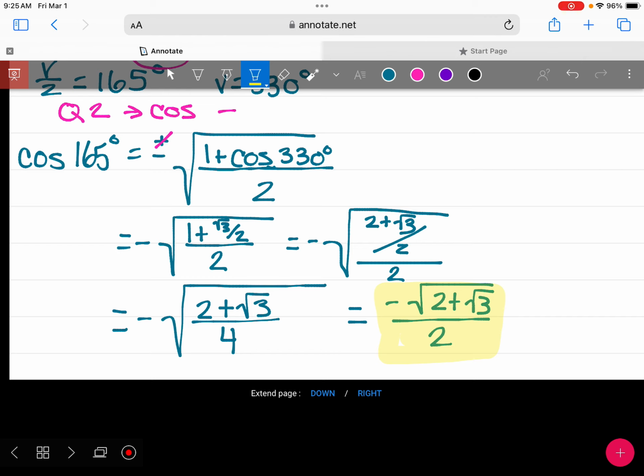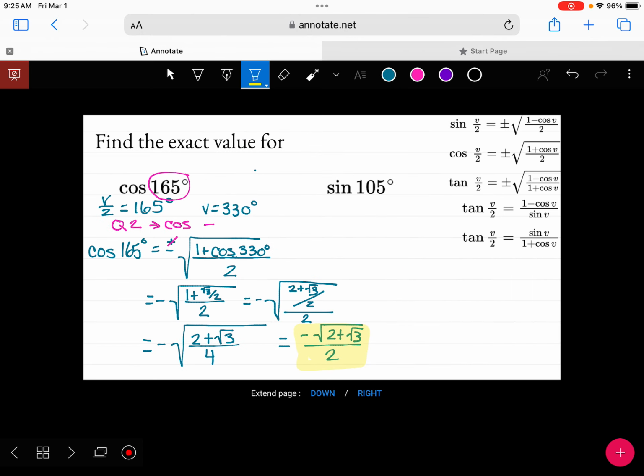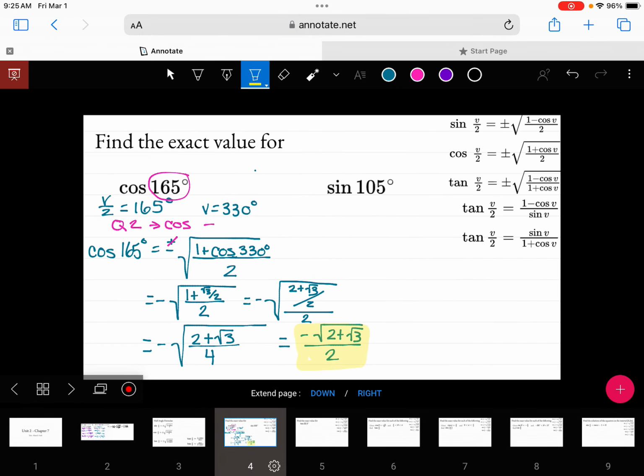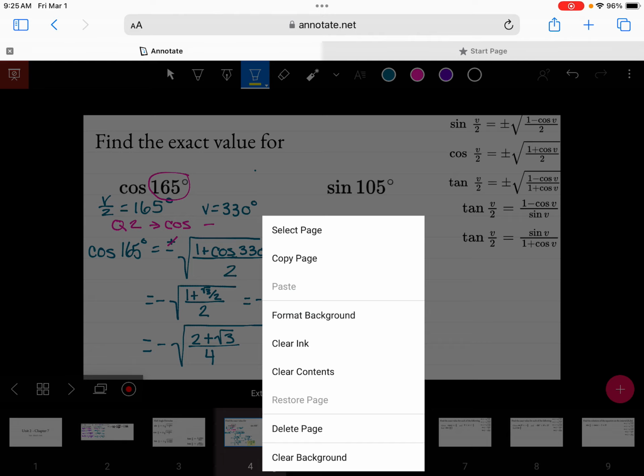So we have the negative square root of 2 plus square root of 3 that are all under a radical. So that 3 is getting square rooted twice, which is super gross. Okay, so we're going to split things apart and evaluate them individually.